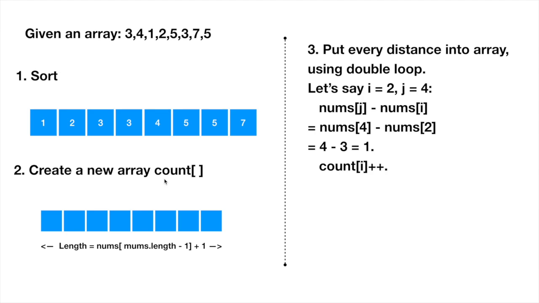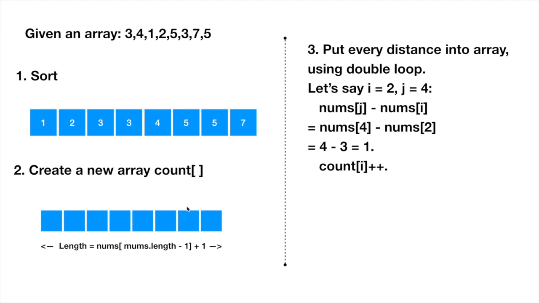distances. For example, for these two elements, 3 and 3, their distance is 0. So just increment index 0, because in this situation, index equals distance. So the count at index 0 is the number of distance 0. And for elements 1 and 7, the distance is 6.